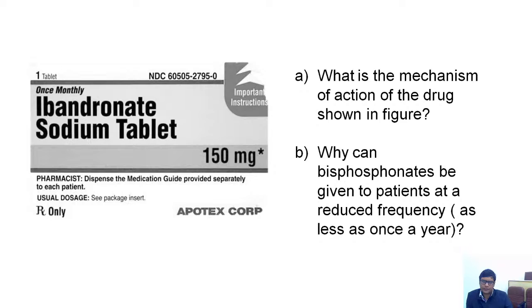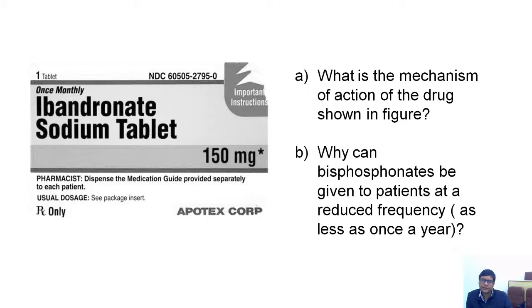And the second part being asked is, why can bisphosphonates be given to a patient at a reduced frequency, as little as once a year? Not all bisphosphonate drugs are given once a year. Only zoledronate is used as a once-a-year bisphosphonate drug.